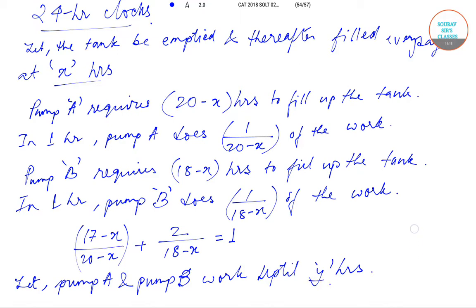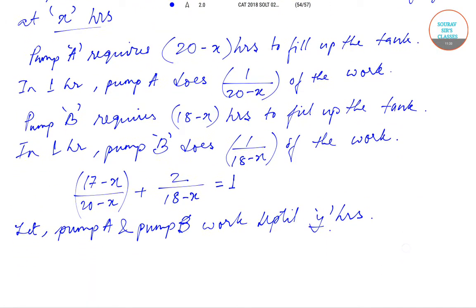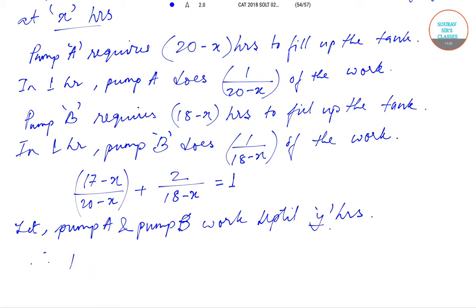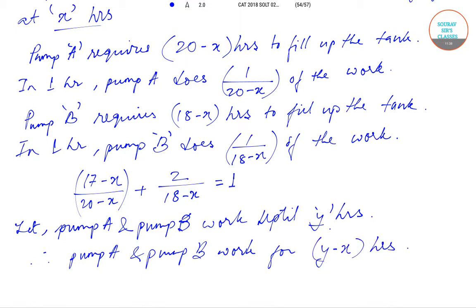So how many hours did it actually work then? Pump A and pump B worked up till y, and it started working at x hours, so y minus x hours.